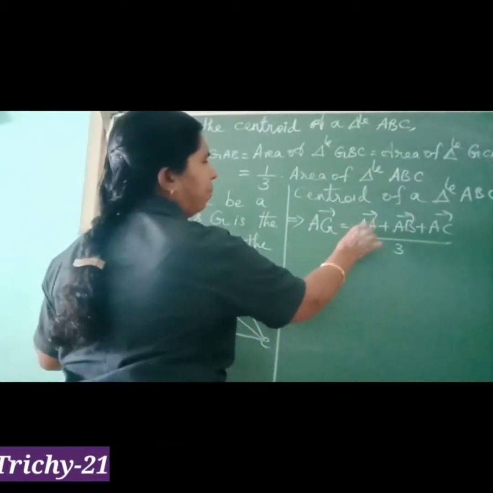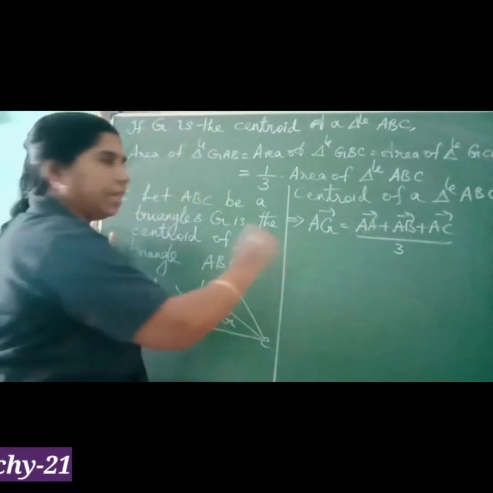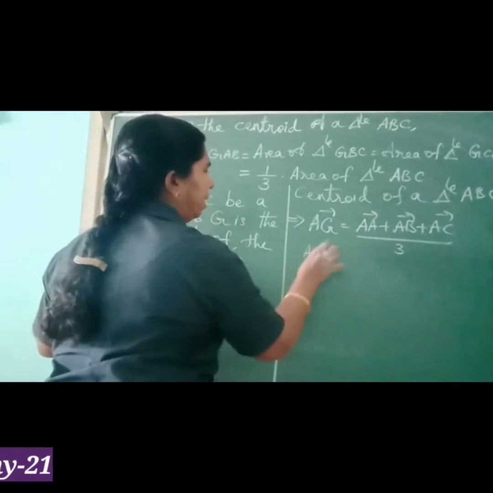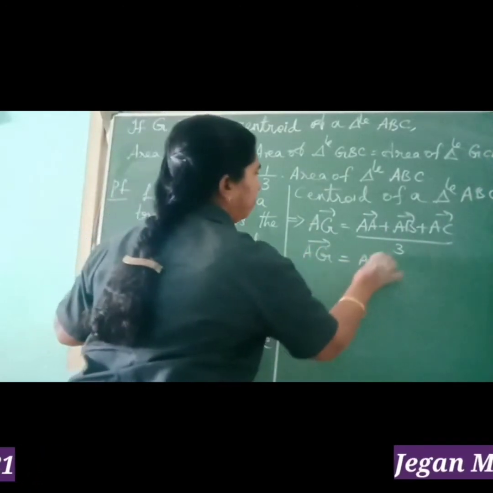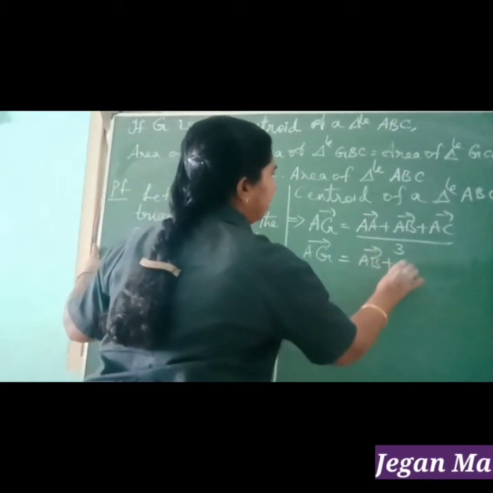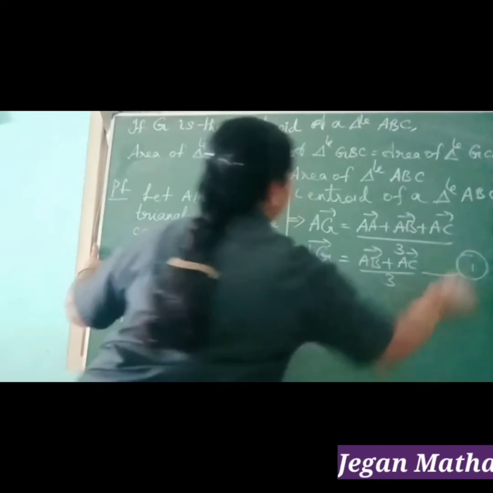A vector is at the same point, so it can be considered as 0. So from this we can write AG vector is equal to AB vector plus AC vector divided by 3. This one is the first equation.